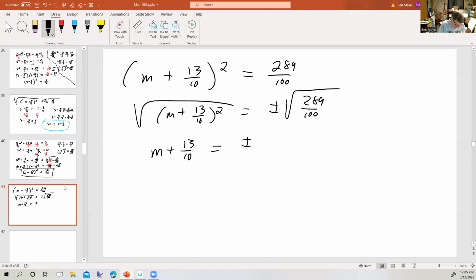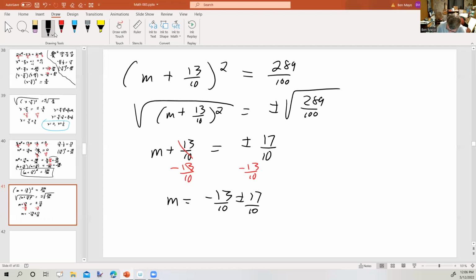See if that comes out nicely. The square root of 289 is 17, and the square root of 100 is 10. So then my next move is going to be to subtract 13/10. So I've got m equals negative 13/10 plus or minus 17/10.